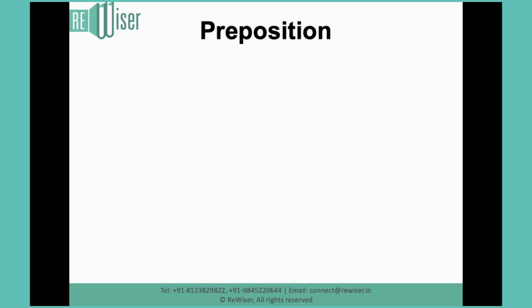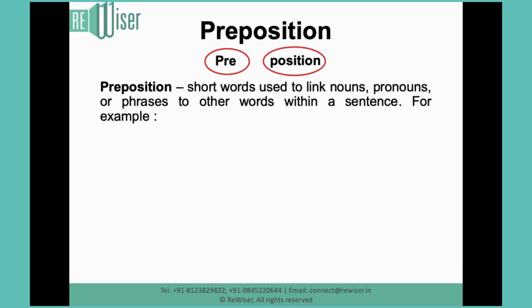Then you have prepositions. As the word indicates, it's like the position. It's actually indicating the position of an object with respect to something else. So a preposition is a short word used to link nouns, pronouns, or phrases to other words within a sentence.